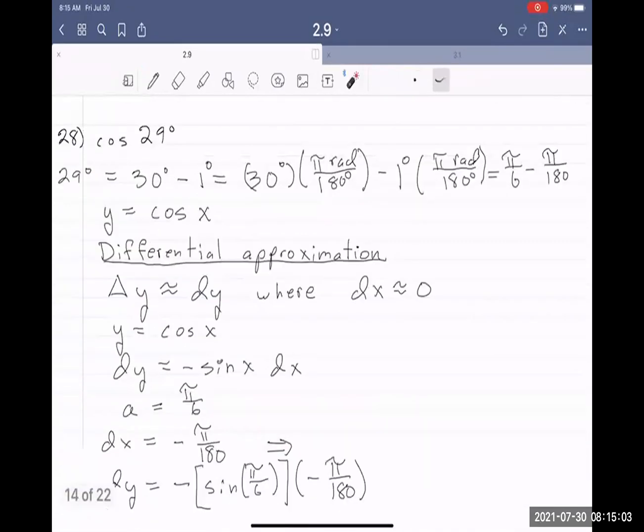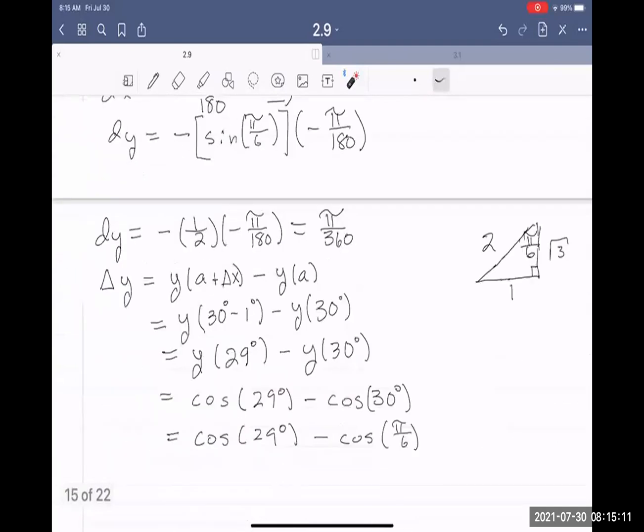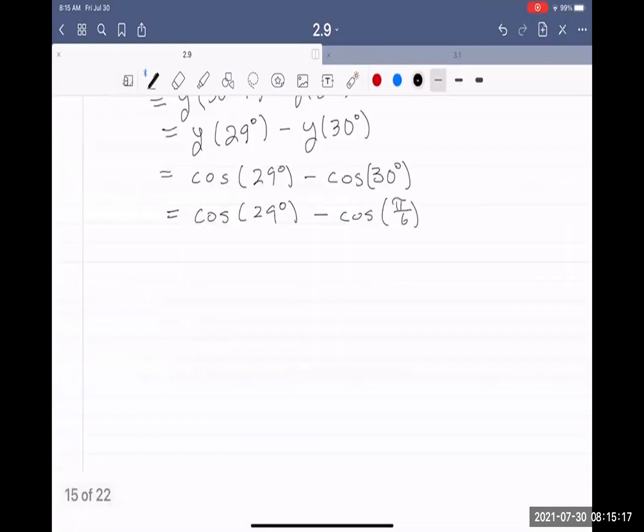Here, that 30 degrees is pi over 6. And so cosine of pi over 6 is rad 3 over 2.